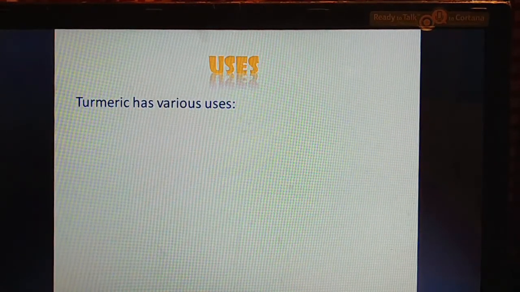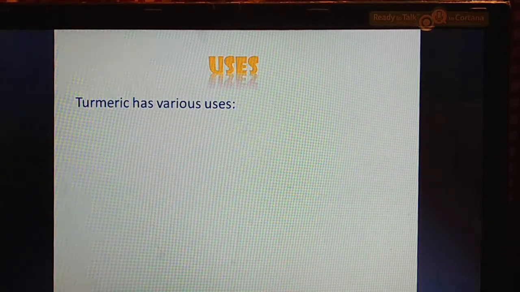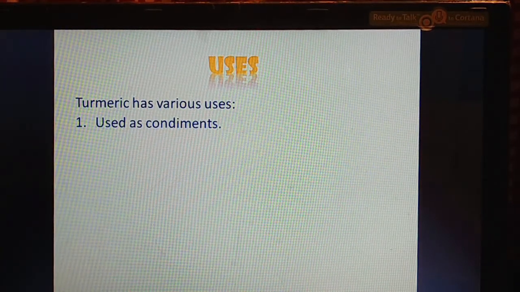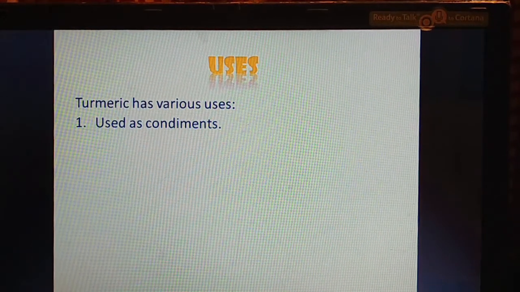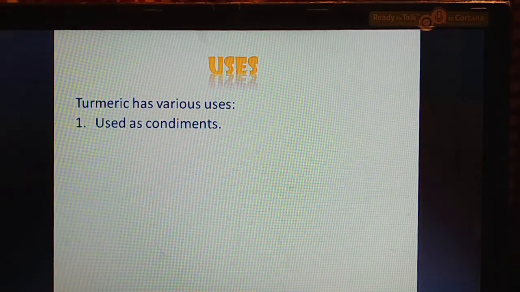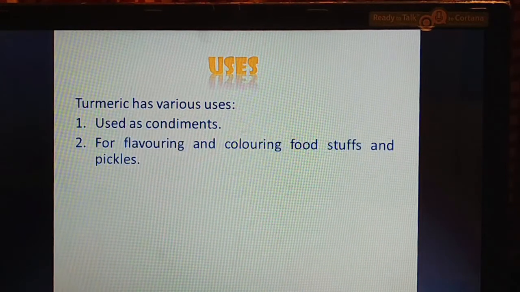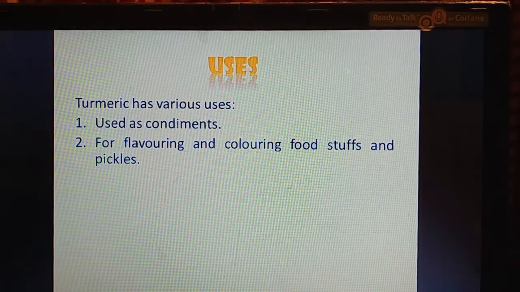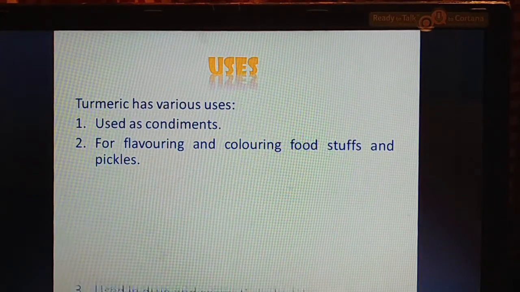Okay, now we come to the uses. We all know that turmeric has various uses, okay. The first use of turmeric, especially in India and almost every household, is as a condiment, and also for flavoring and coloring foodstuffs as well as pickles.